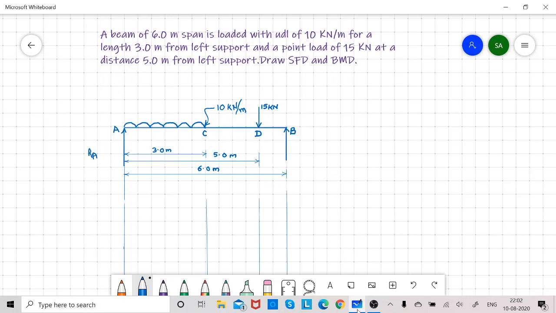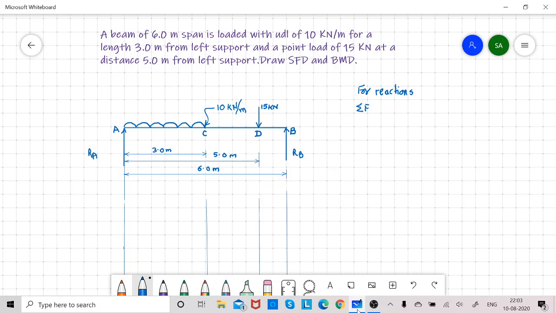At A there will be vertical reaction RA, and at B there is a vertical reaction RB. Now to calculate reactions, we will apply the basic conditions of equilibrium.